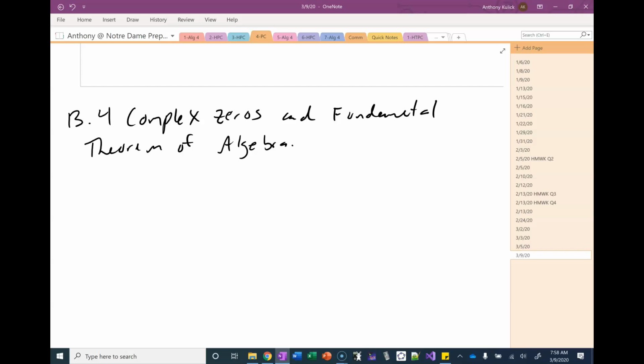So in section 3.4, or 13.4, excuse me, we're going to talk about complex zeros and the fundamental theorem of algebra. When we say the word complex here, what are we talking about in regard to complex zeros?